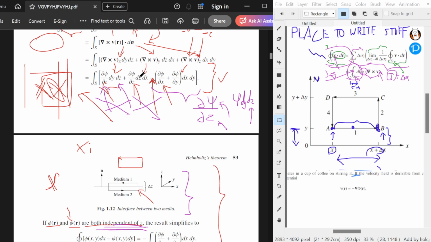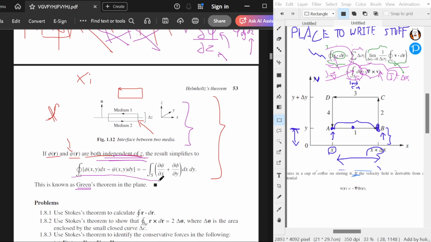Okay, del phi del C phi dz dx. Let's just work with what we have right here. The result simplifies to this.